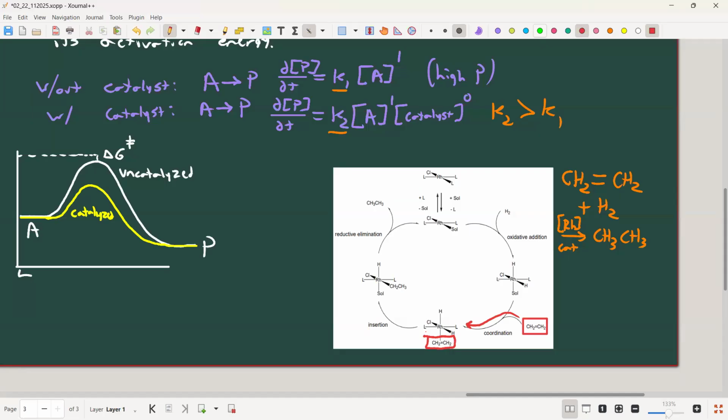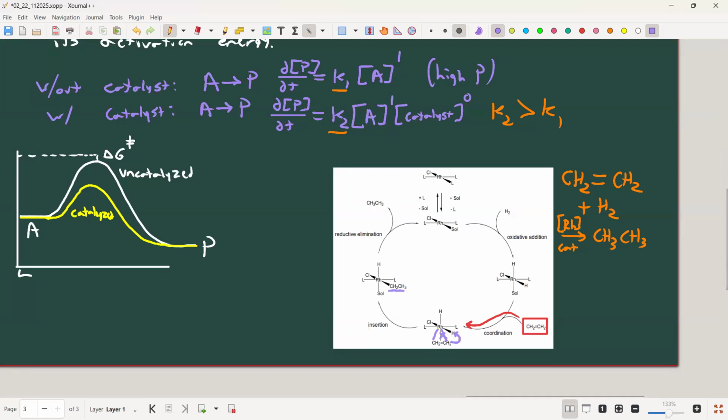So what happens is that this rhodium is bonded to each of the carbons like this, and then this carbon grabs this hydrogen that's connected to the rhodium and plucks it off and breaks this bond here.